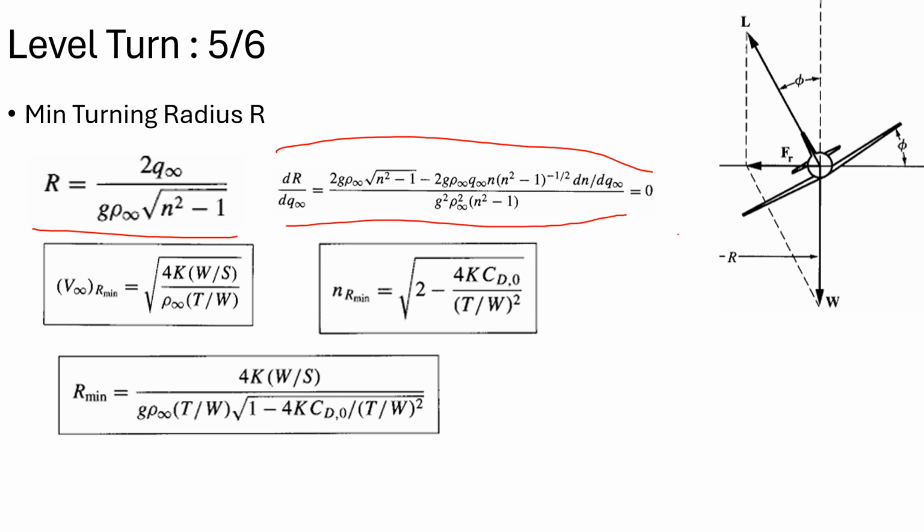I haven't done the steps over here, but ultimately you get a V infinity for minimum radius as 2k times W over S divided by rho infinity T over W, under root. That gives us the minimum radius load factor as 2 minus 4k CD naught over T over W square.